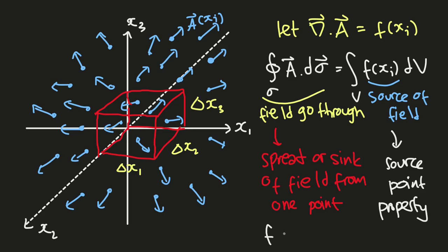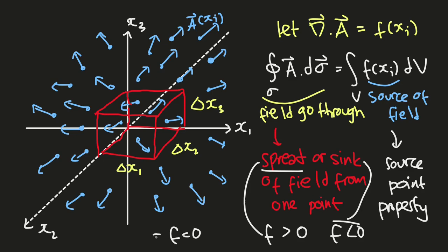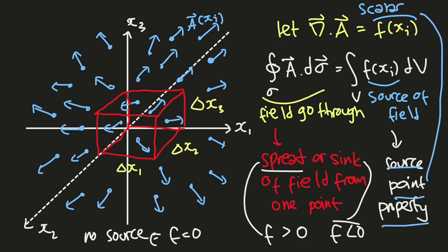If f is positive, then the field spreads, and if f is negative, then the field creates a sink. If f equals 0, the field has no source because the field only passes through and is not produced inside the region. Notice that nabla dot A is a scalar field, a scalar function related to the source point property, needing only a value.